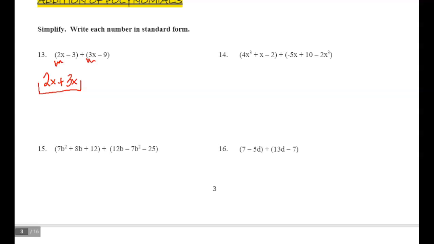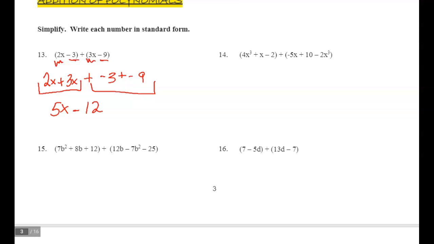And then over here, we're going to add that to our other two, which is a -3 and a -9. Of course, when you add negative, it's the same thing as subtraction. So I combine these. How many x's do I have now? I have 5 x's. And -3 minus 9, -12. Notice again, we're going highest exponent order to lowest.